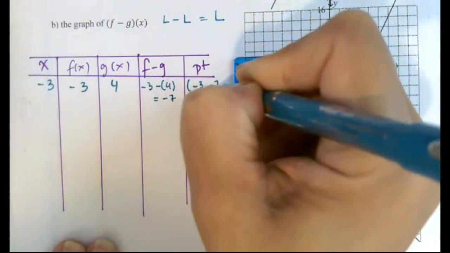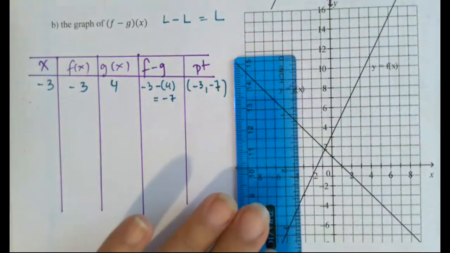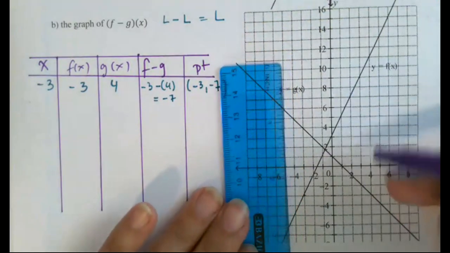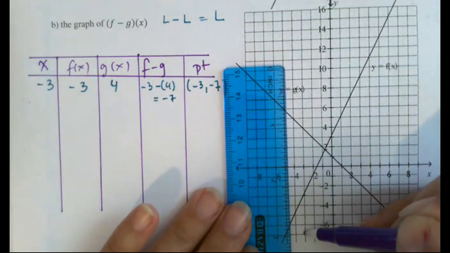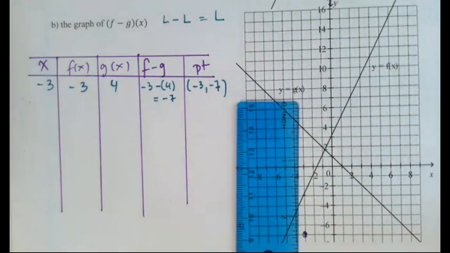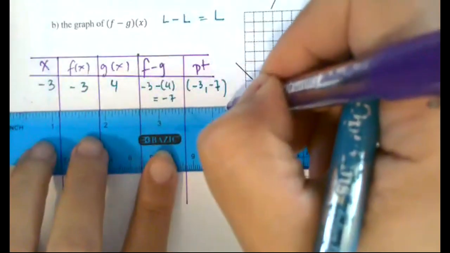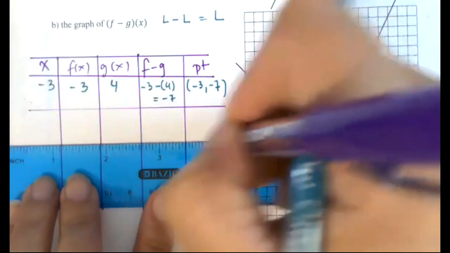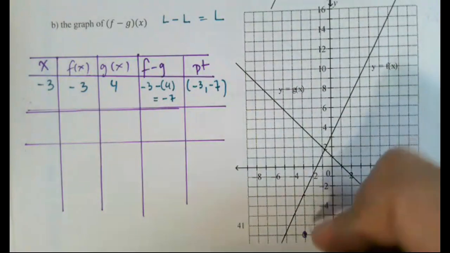So (-3, -7) is the point. Okay, so I've done the first one.